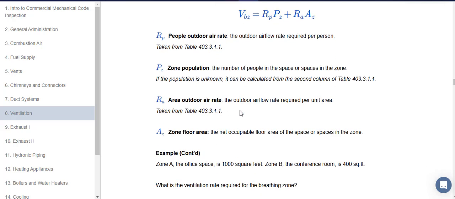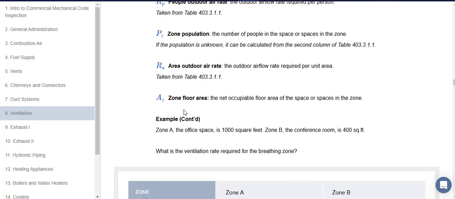Ra, area outdoor air rate, the outdoor airflow rate required per unit area, taken from table 403.3.1.1. Az, zone floor area, the net occupiable floor area of the space or spaces in the zone.